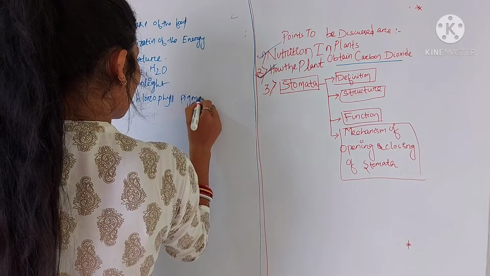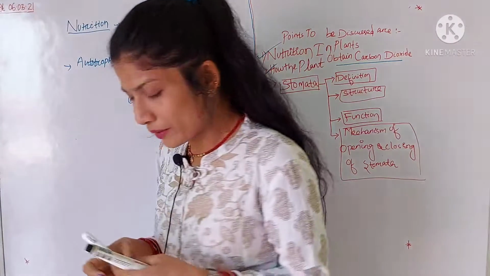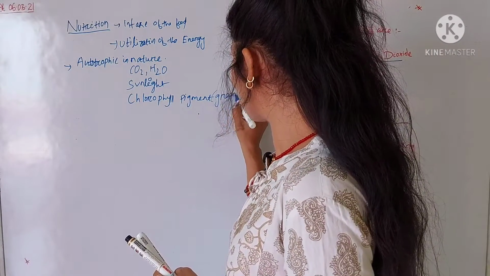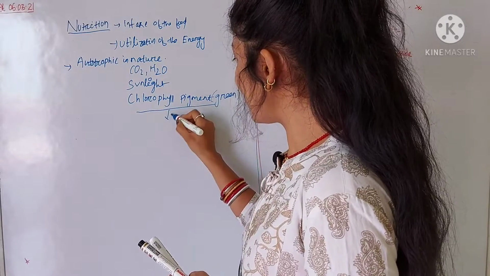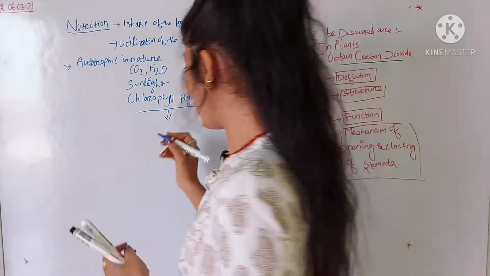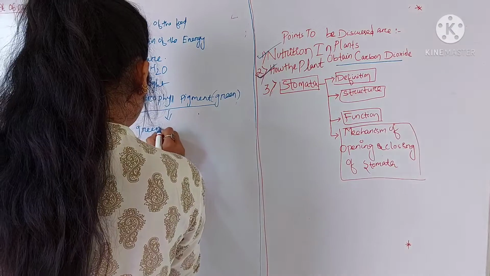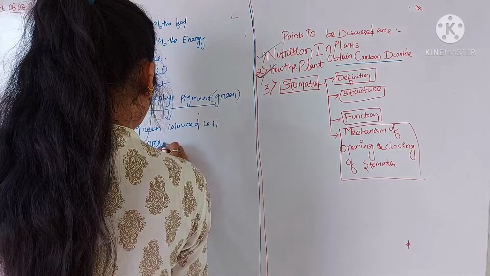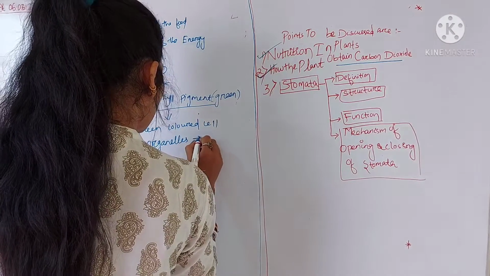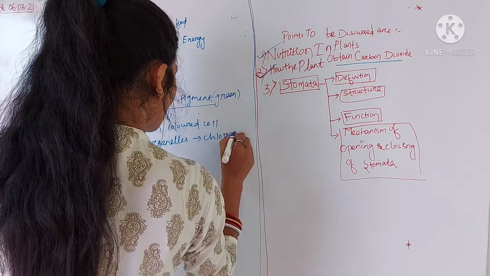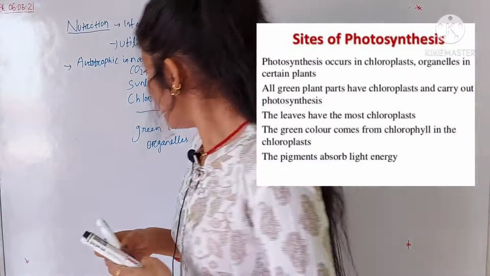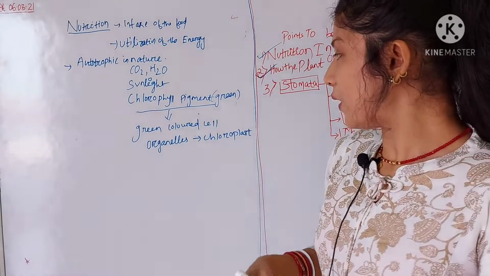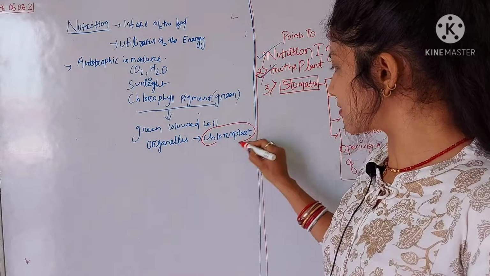Okay. So what is chlorophyll pigment and where are the chlorophyll pigments present? The chlorophyll pigments are the green pigments which are present in the green colored cell organelle or cell bodies, that is the chloroplast.